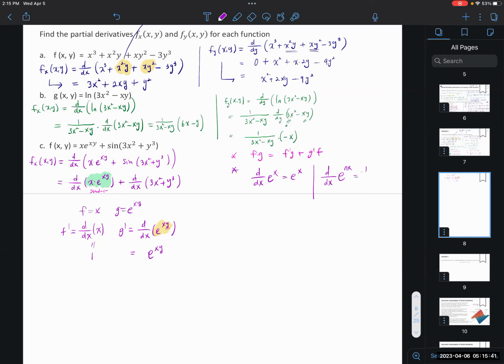For nx, we have 1 over n e to the nx, correct. So we actually need to change it a little bit, my bad. So let me double check d over dx. y is the constant, so 1 over y e to the xy will be there. I don't think you need to do 1 over, just y, I believe. Is it 1 over? Can you check the differentiation table? I forgot, but e to the nx is going to be 1 over n e to the nx. Am I right? Can you double check? I think it's 1 over n.